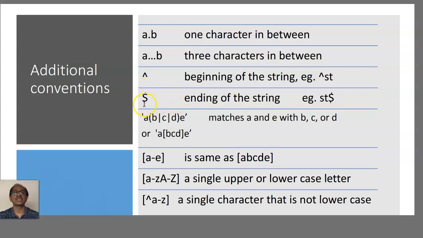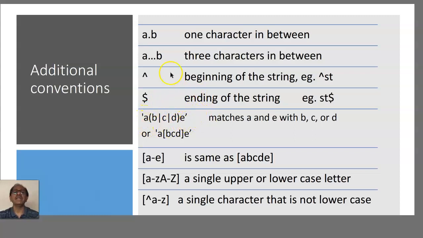We use a dollar sign to show the ending of the string. Because it's the ending of a string, it should be written after, right? If it is the beginning, the caret is written in front of the characters. Or if we are looking at the end of the string, dollar should be written at the end of the string. So ST dollar means all those words which end in ST will be listed.